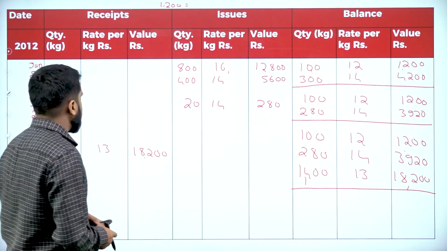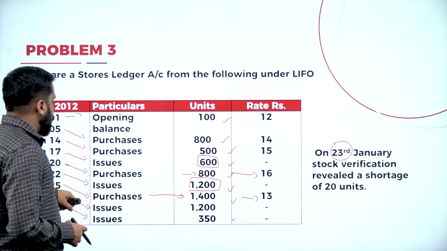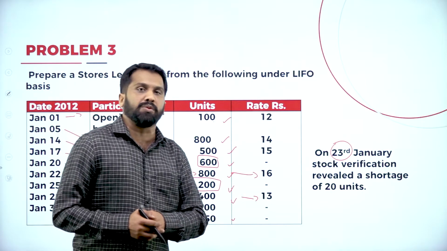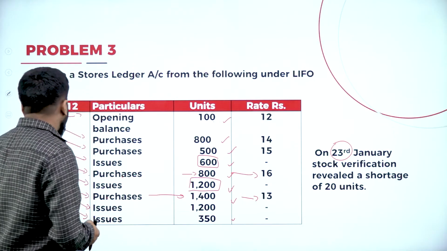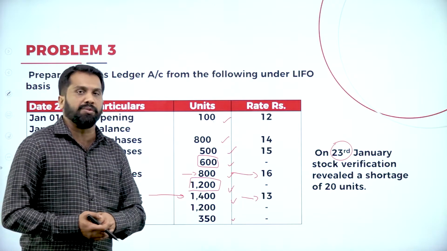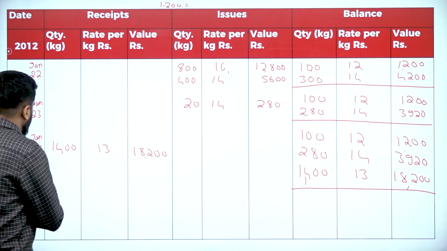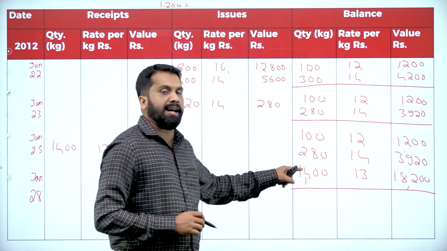Again, I'll go back. So, in this, January 28th, there is an issue of 1,200 units. How to do it? January 28th, 1,200. How much do you have in the last box?